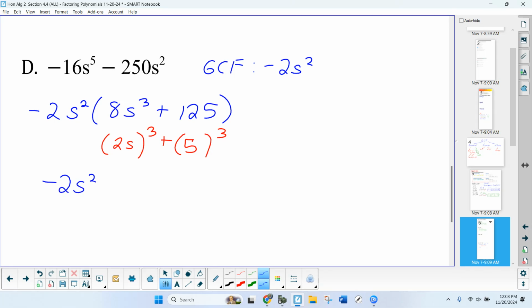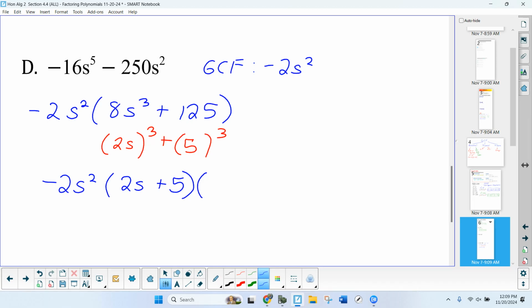And then what does this factor into using your formula of sum of cubes? So first you just do a plus b. So 2s plus 5. Now what do you do with this number here?